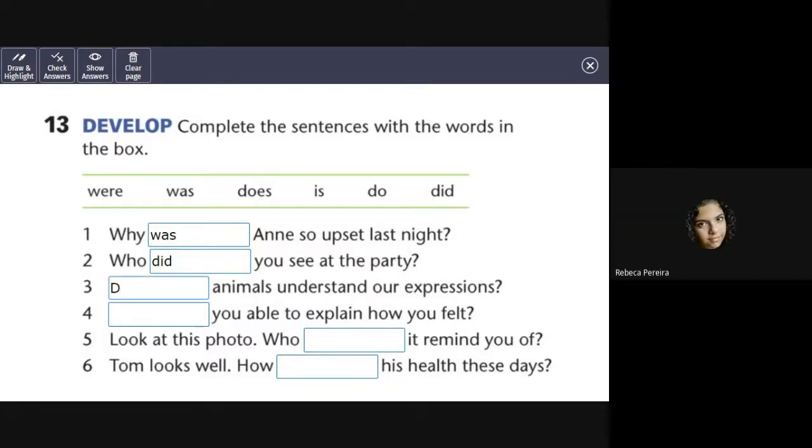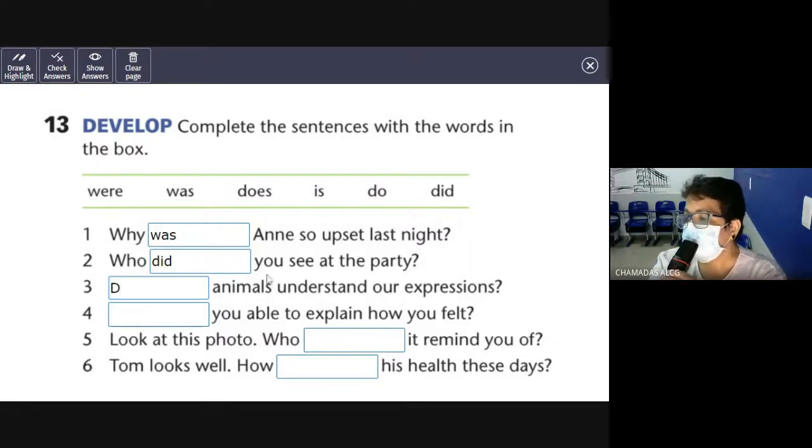Pay attention. Animals is plural. So, I think you should change the auxiliary. It should be do. Do animals understand our emotions?